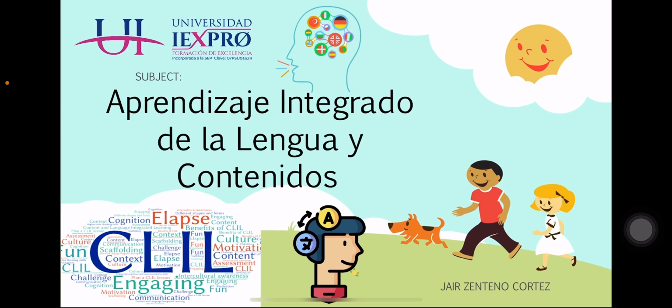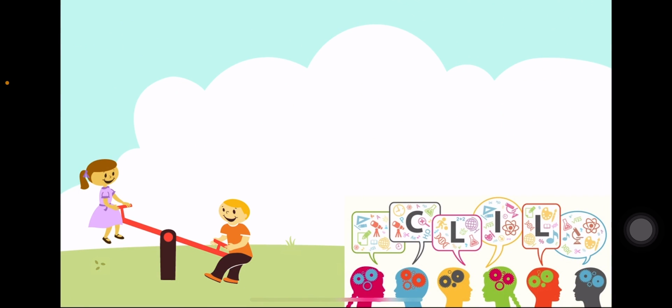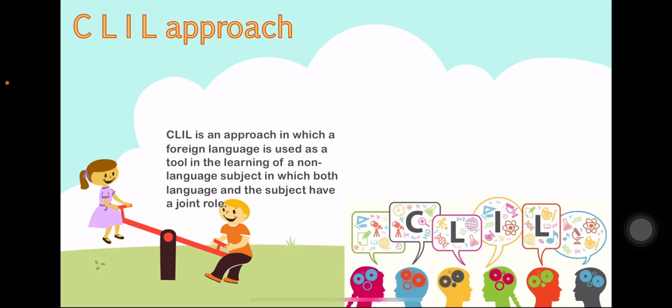The first topic to be mentioned in this video is the CLIL approach. CLIL is an approach in which a foreign language is used as a tool in the learning of a non-language subject, in which both the language and the subject have a joint role.